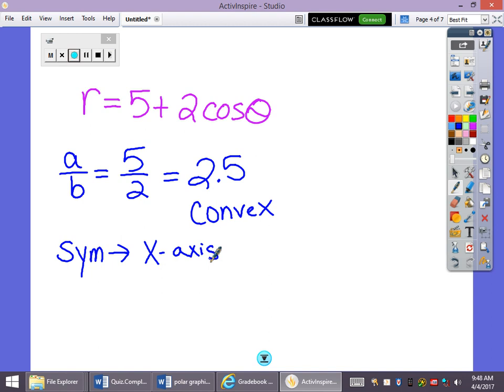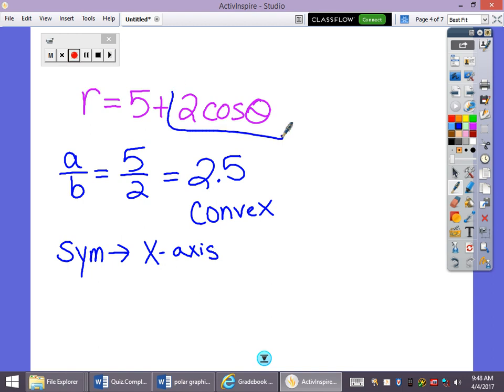Okay. So which axis is the 0 axis for cosine? Y, right? When we do the cosine of 90, we get 0.